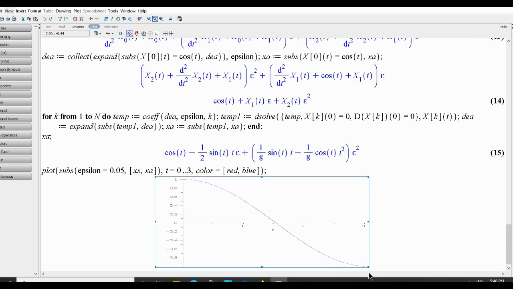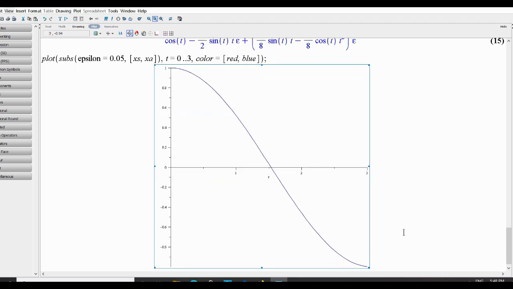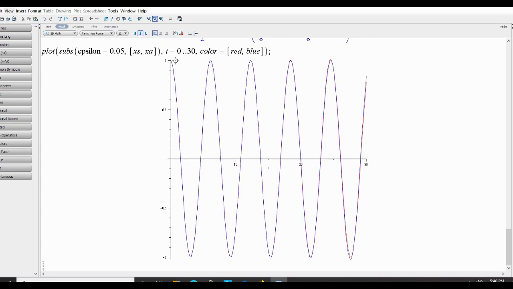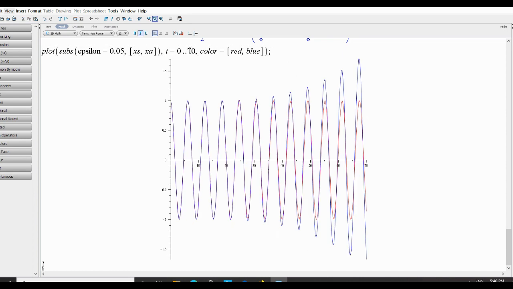And you see that, oh, come on, that's working. Okay, but now if I say t from 0 to 30, they are beginning to come apart. You see that there is a very small change here. It's coming apart. And if I say t equals 0 to 70, then bad things are happening. See, the approximate solution is not really working.